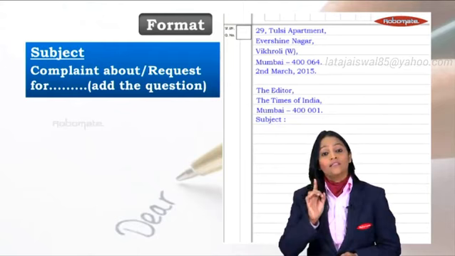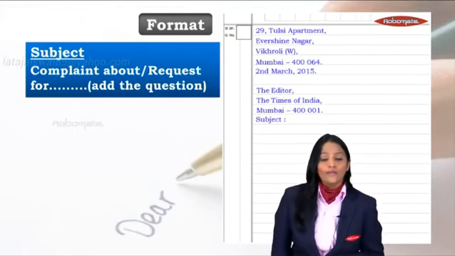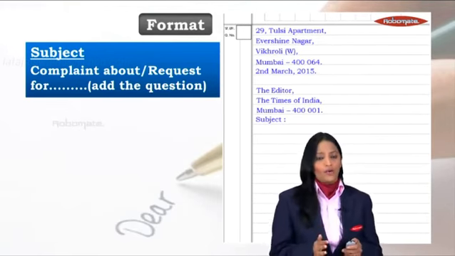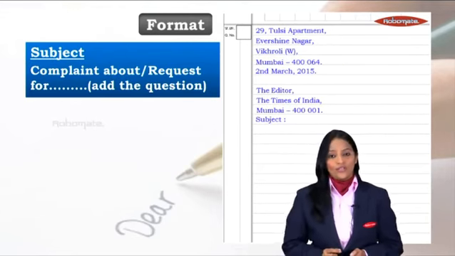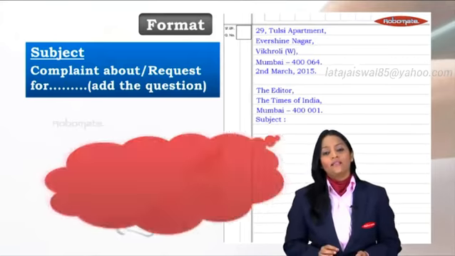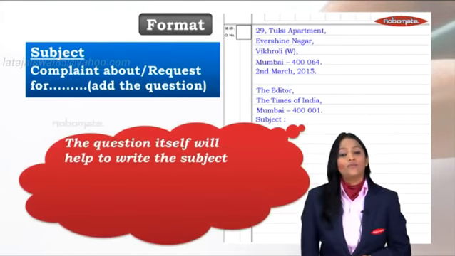But here the word subject is written, then there is a colon. Now, you know that the letter is either a complaint or a request. So you write that word first and then you add the question. That means you can write the subject very easily. The question itself will help you to write the subject.